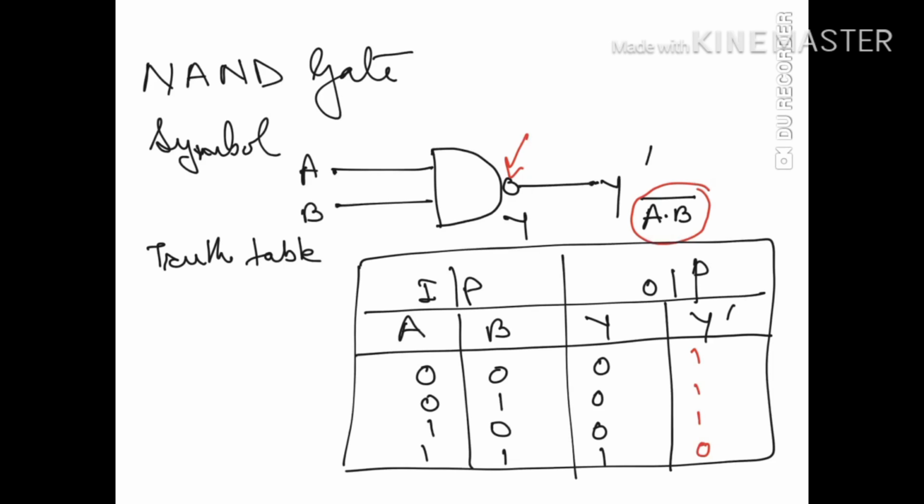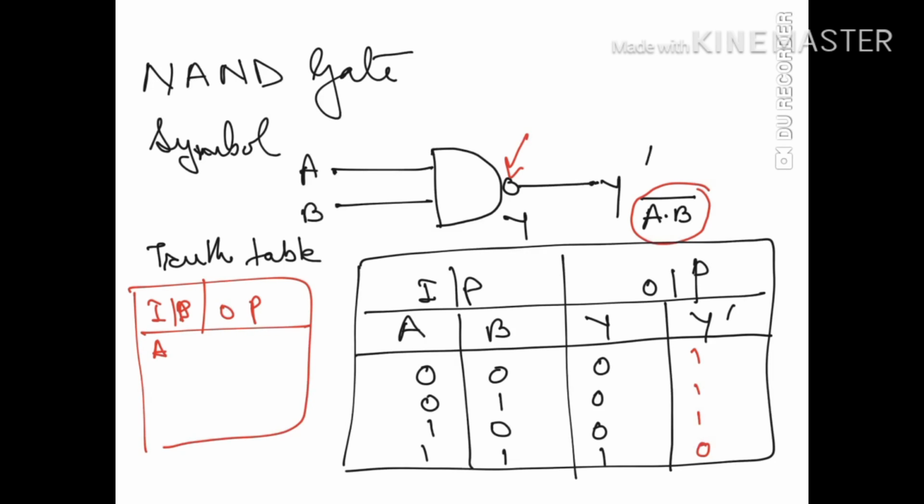So the final truth table for the NAND gate will be like this. It will be A, B and Y dash: 0, 0, 0, 1, 1, 0, 1, 1, and finally you will get 1, 1, 1 and 0. Correct. So this is a NOT AND gate, which is equal to an AND gate followed by a NOT gate.